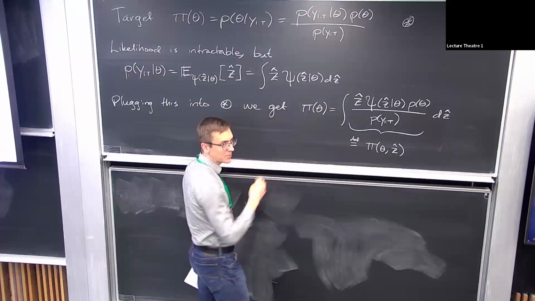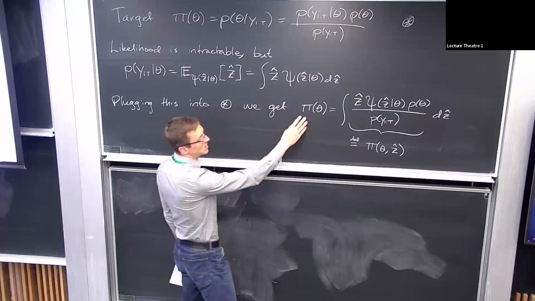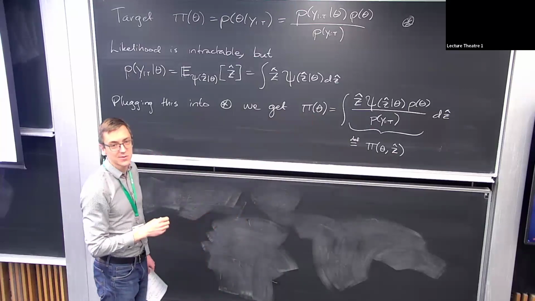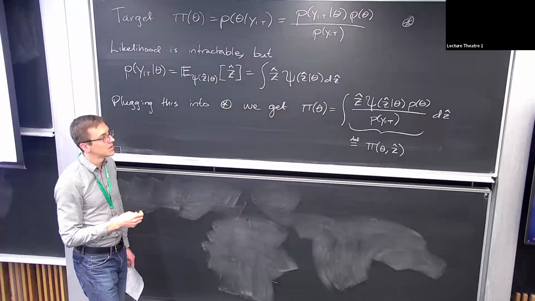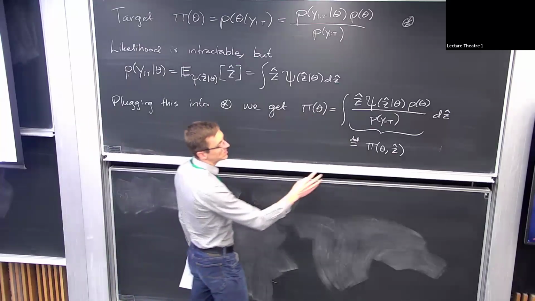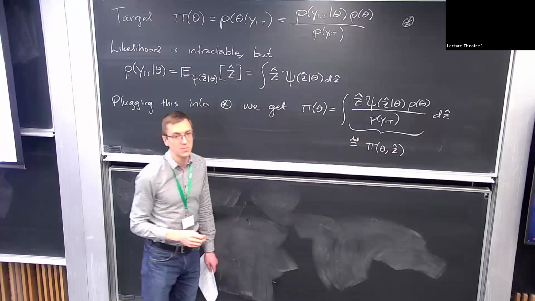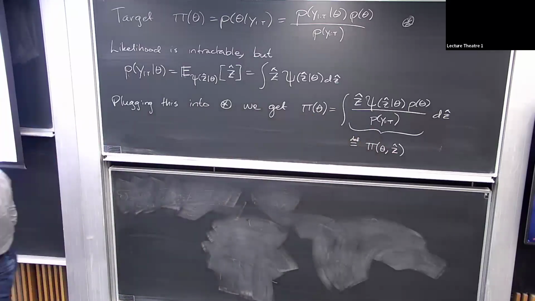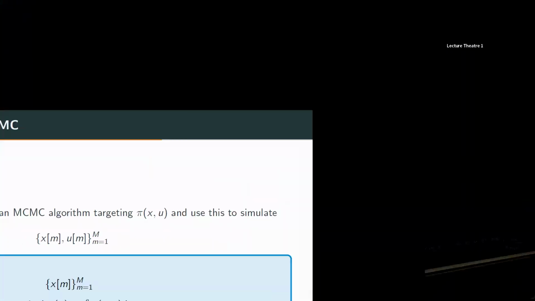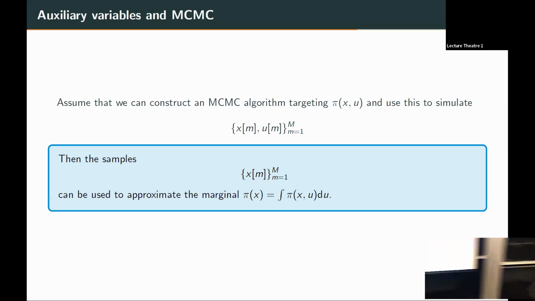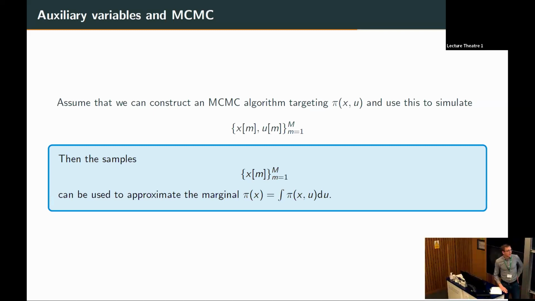If I then integrate with respect to theta, that is a probability density, so that will also integrate to one. We can view this as a joint distribution. And this is now what we will use as the extended target distribution for the pseudo-marginal method.